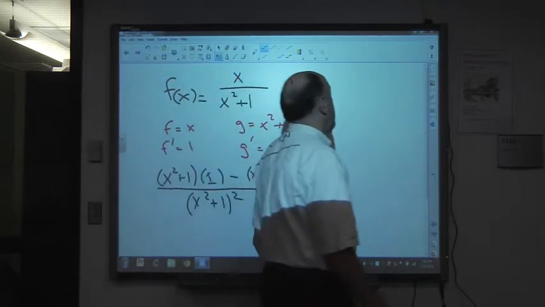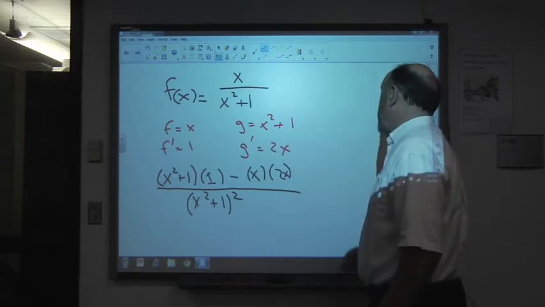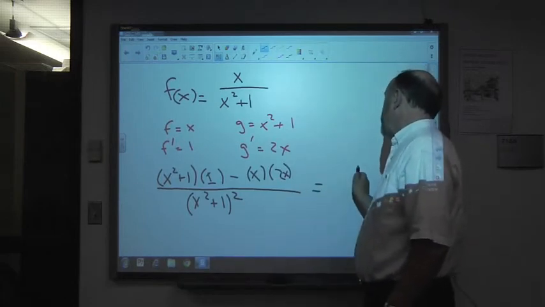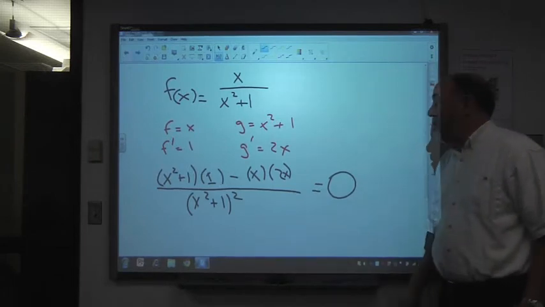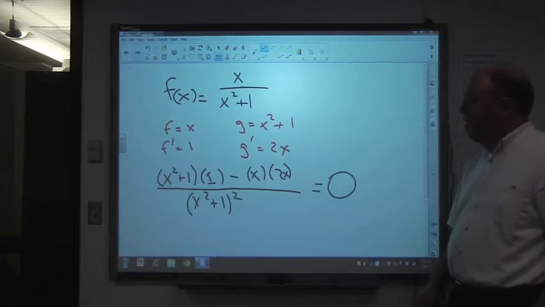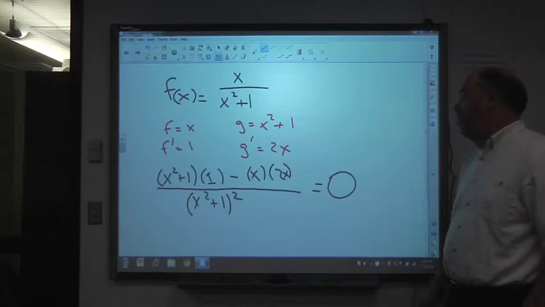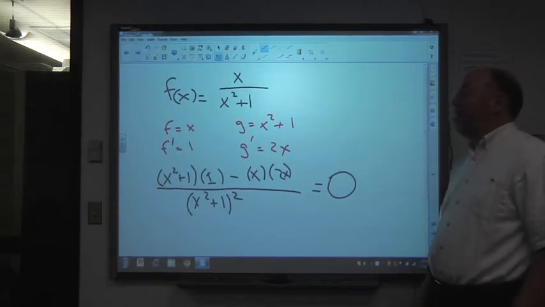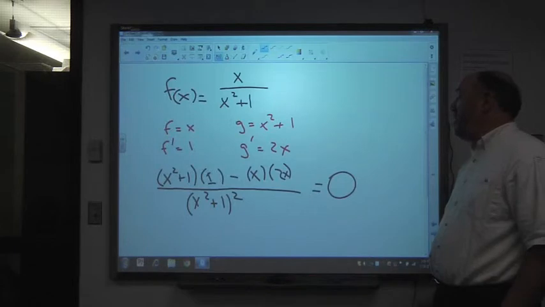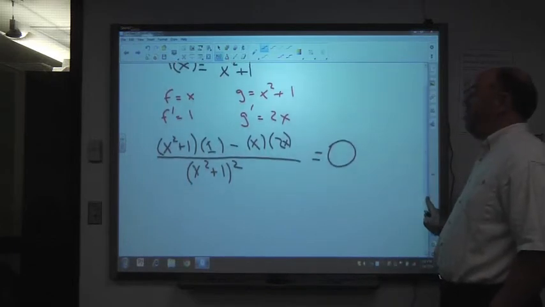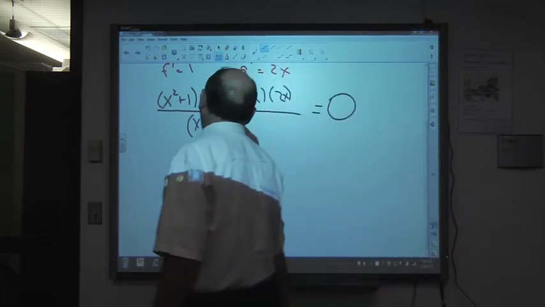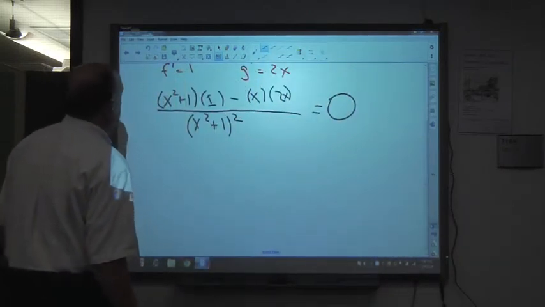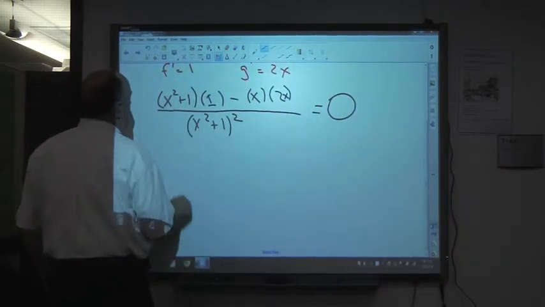That's my derivative. Well, the next step would be to take this derivative and set it equal to 0. Well, if I have one like this, the only time this can ever equal 0 would be if the top is 0. So this can only be 0 when the top is 0. So I just need to look at the very top part.